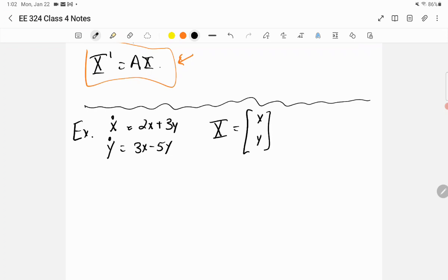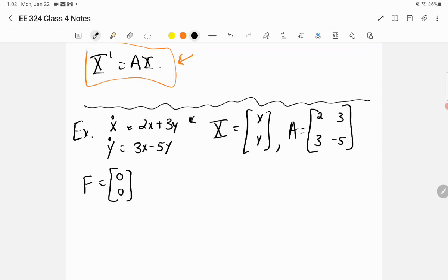And our A matrix is going to be 2, 3, 3, minus 5. And our F matrix, notice there's no functions added on other than the x and the y, so our F matrix is just going to be 0, 0. So this is an example of a homogeneous system. So we could just write x dot, or x prime, is equal to A times x.